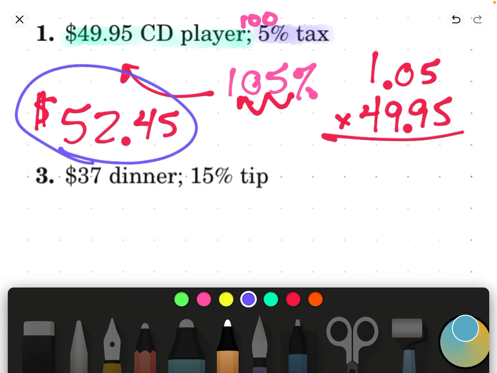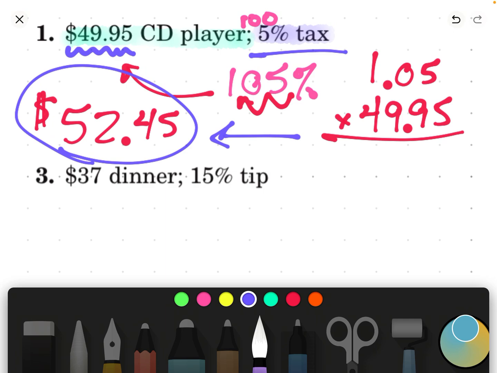All right, so originally, the CD player was $49.95, right? That's what the tag would say when it's in the store. We go to ring it up. We add that extra tax on top, and the total cost comes out to $52.45.